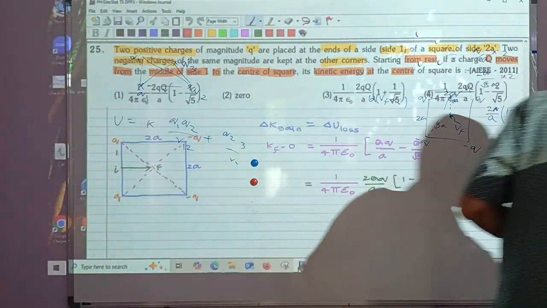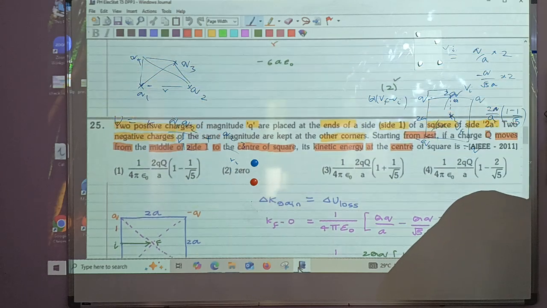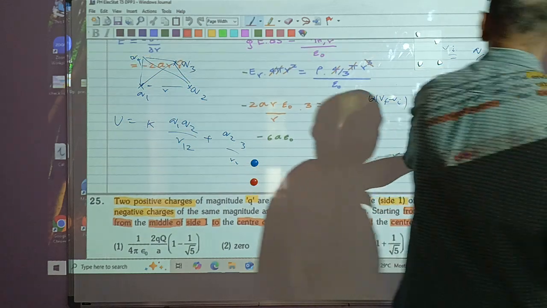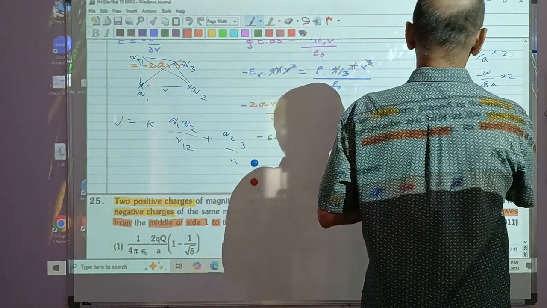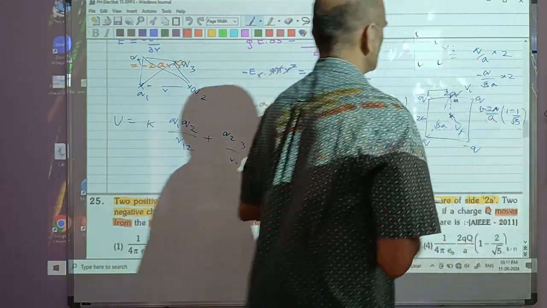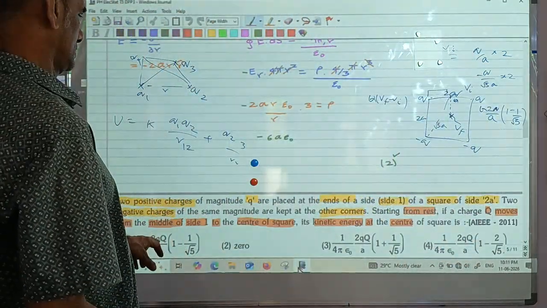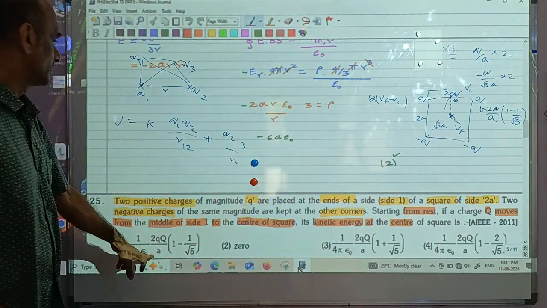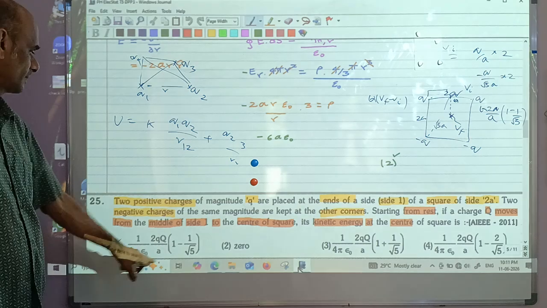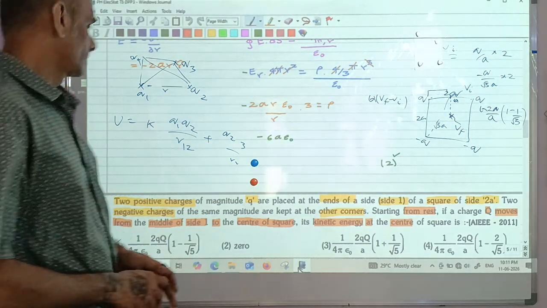So you do the final potential: capital Q into this. Two Q is there, capital Q is there, 1 by 4 pi epsilon is there, K is there, and then 1 minus 1 by root 5. Option 1.